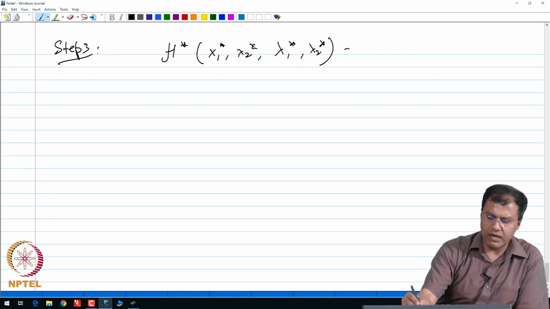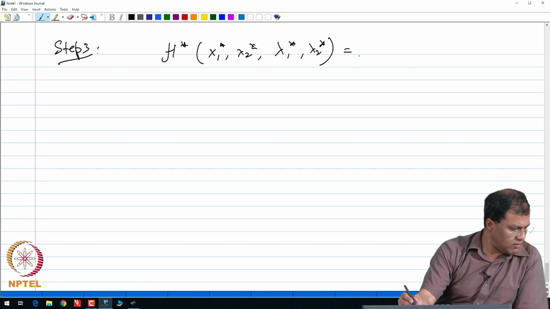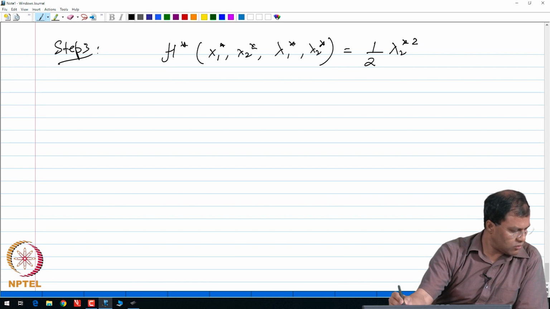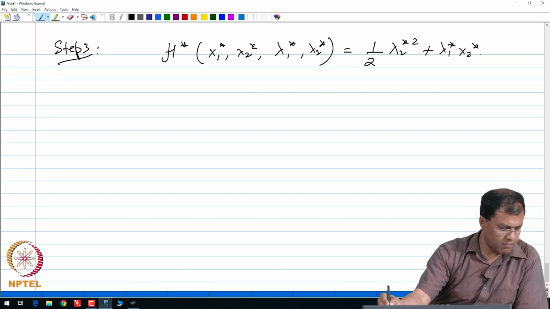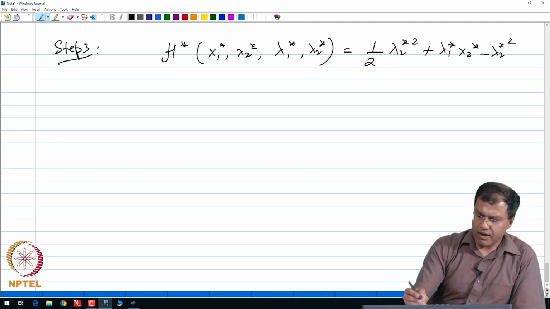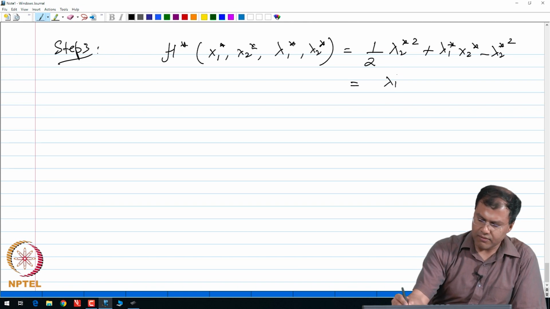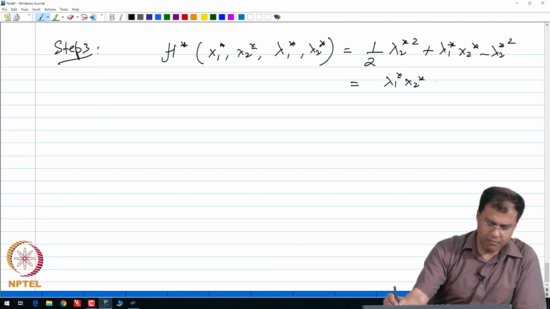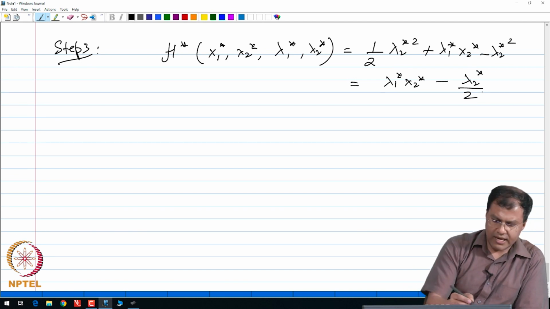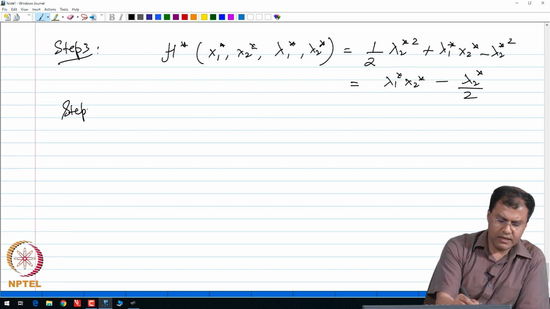So u is completely out of the picture, and after plugging in u, it is half lambda 2 star square plus lambda 1 star x2 star minus lambda 2 star square. After we simplify, I get lambda 1 star x2 star minus lambda 2 star square by 2.